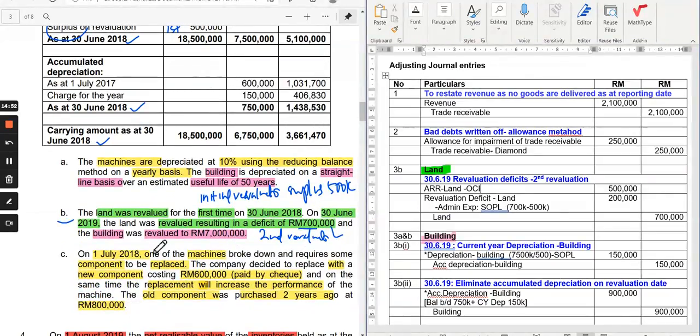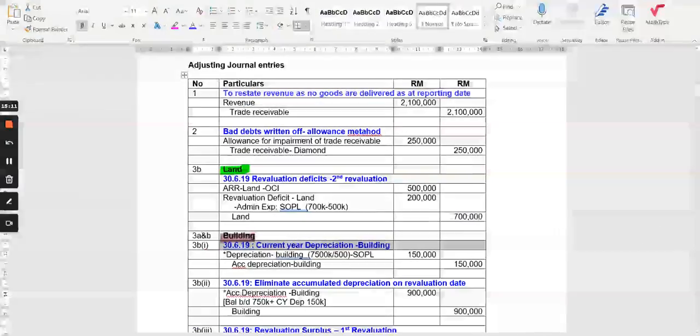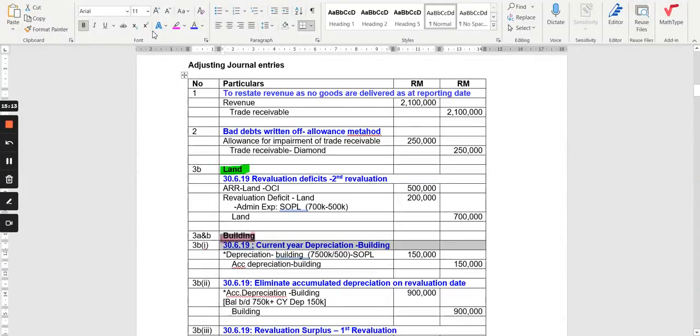So the revaluation took place on 30th of June 2019. So for the current year depreciation, which is from 1st of July 2018 up till 30th of June 2019, let me just show some workings for you. So I'm going to put the working here.